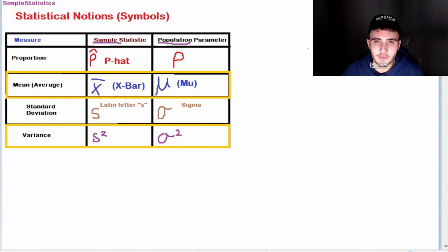And if you've noticed a trend, all of the statistical notations for samples usually are Latin letters, but in population, it is usually referring to Greek letters or capital letters.